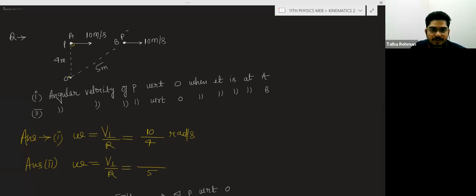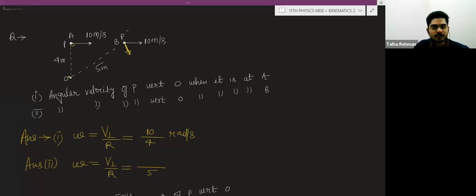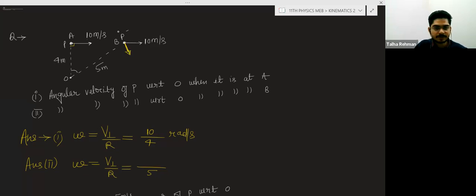So basically this velocity is required. For this, suppose this angle is given to you as 37 degree. Initially it will be given in the question.